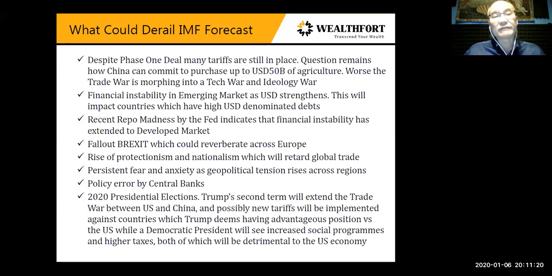Then we also have the financial instability in emerging markets as the US dollar strengthens. Now this will impact countries which have high US dollar denominated debts. And we already see it in China, okay, where later on I'll touch on why China is facing a wave of banks which have not announced their 2018 financial results, mainly because of a lot of illiquidity in their balance sheets.